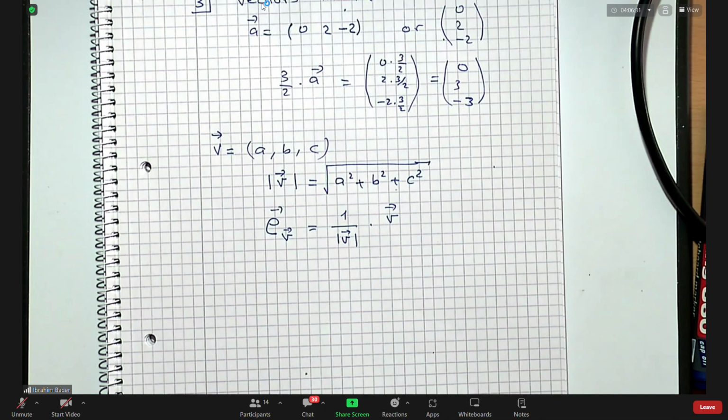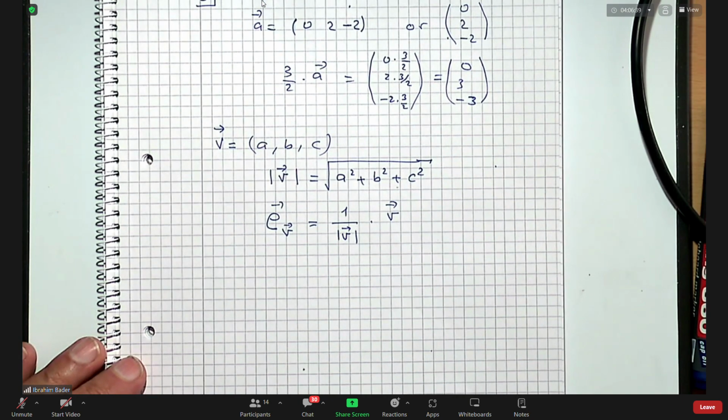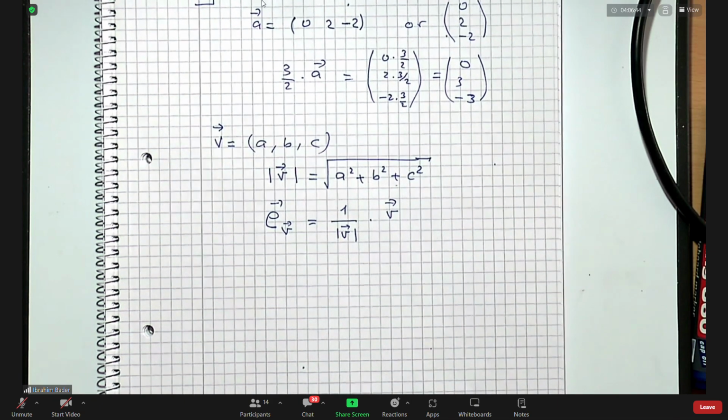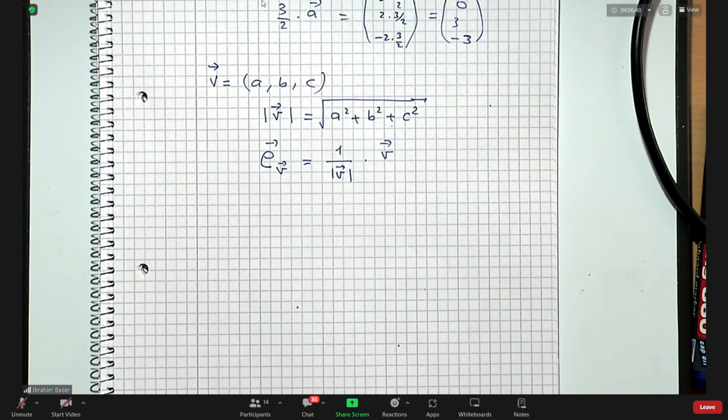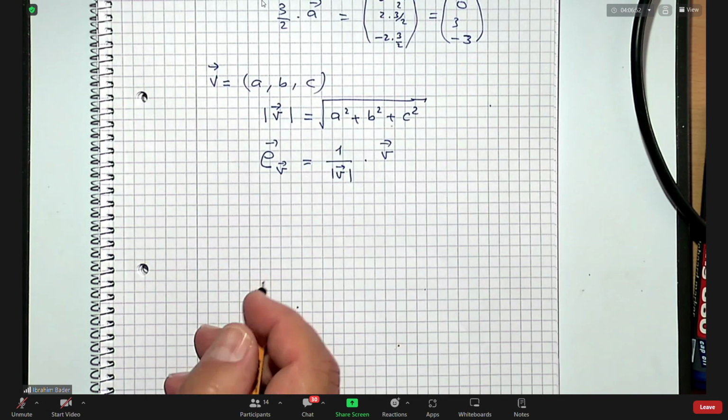Okay, now when evaluating, I will tell you a very nice thing about these vectors that we will need. We said that any vector in 3D can be represented in the form of the so-called unit vectors.